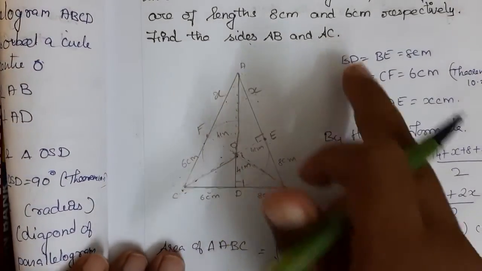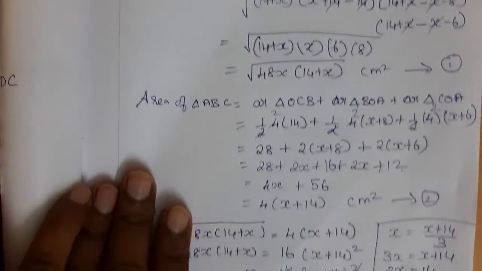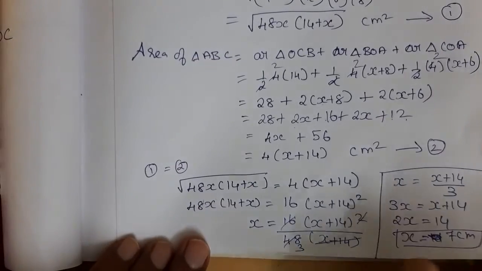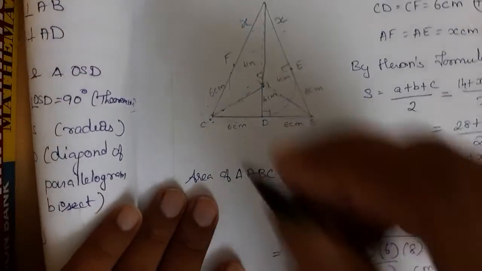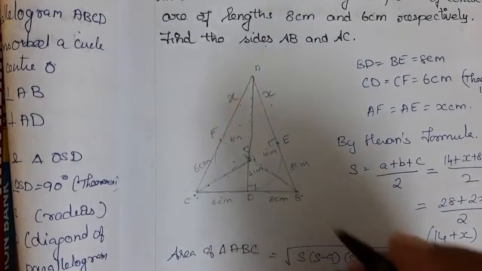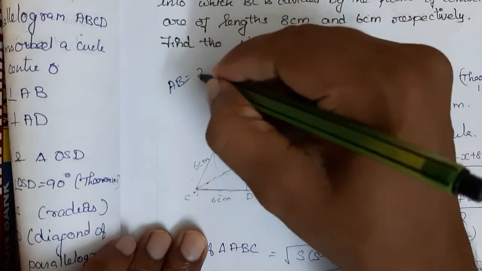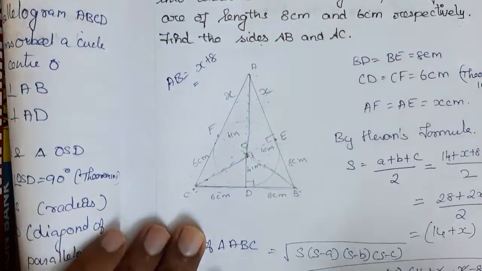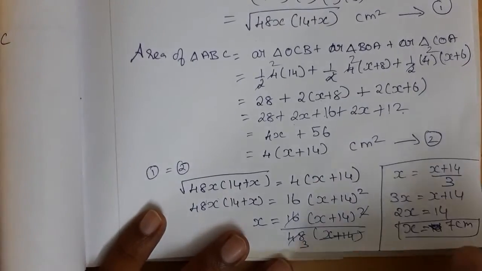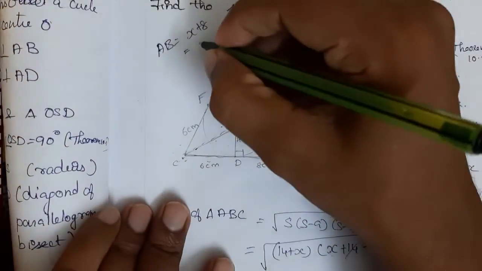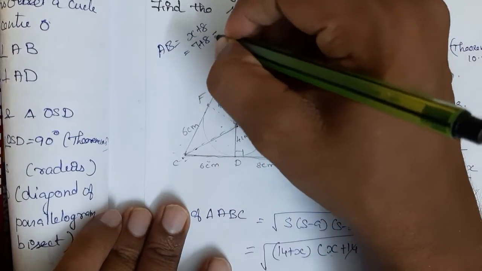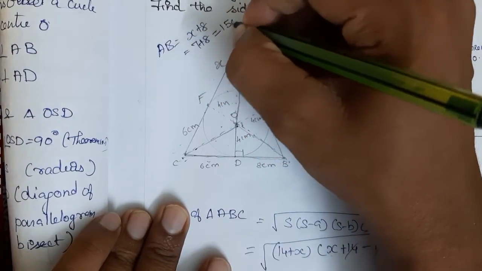So we found x, but actually we need AB and AC. So after finding x as 7 centimeter, what will be AB and AC? Let me write here. AB is equal to x plus 8. That is, x we have found as 7 here, right? 7 plus 8 which is equal to 15 centimeter.